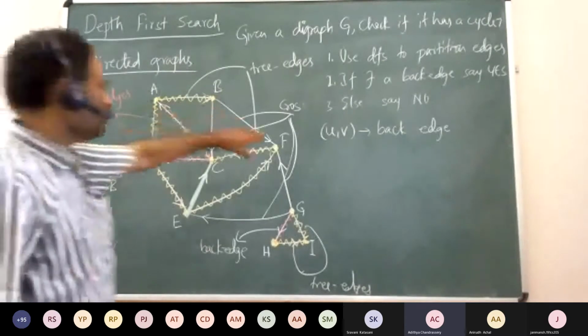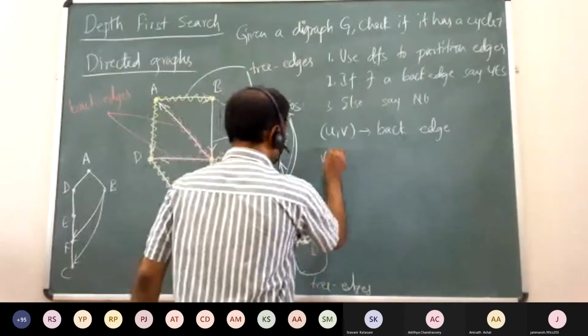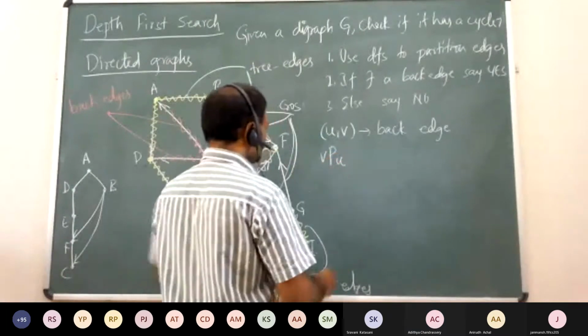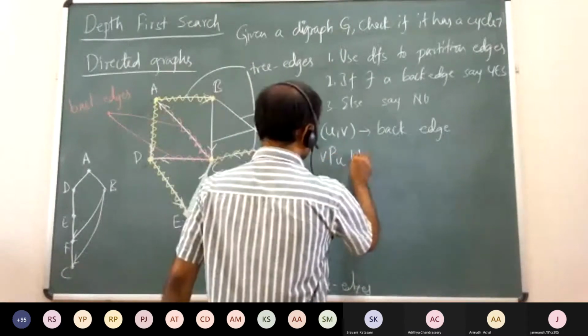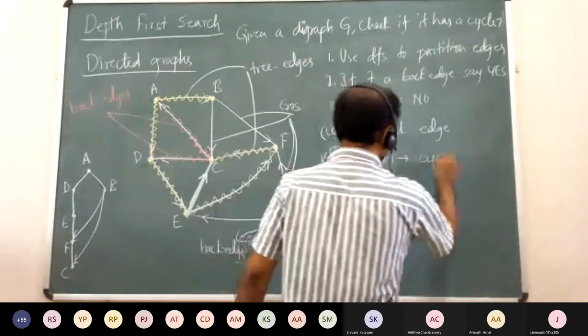By the definition of a back edge, we know that V is an ancestor of U, right? There exists a path from V to U, let us say V to U. This path, together with the edge UV, will be the directed cycle.